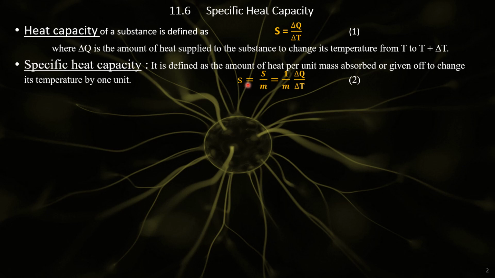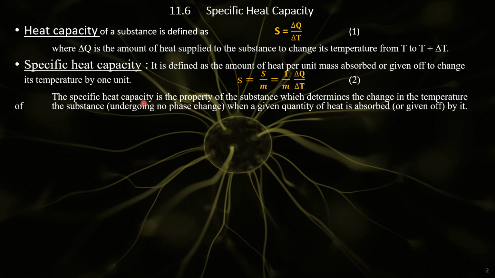Small s is equal to capital S by small m. Here capital S is the heat capacity which is defined in equation 1. Then substituting the value of capital S, we get small s is equal to 1 by m into delta Q by delta T. Let it be equation 2.